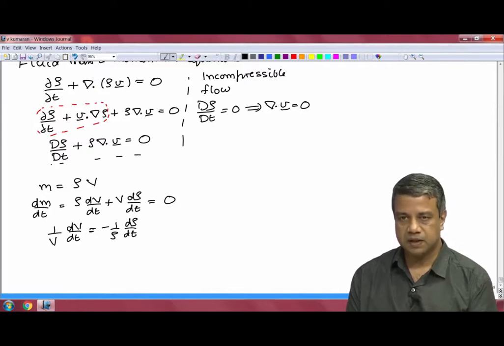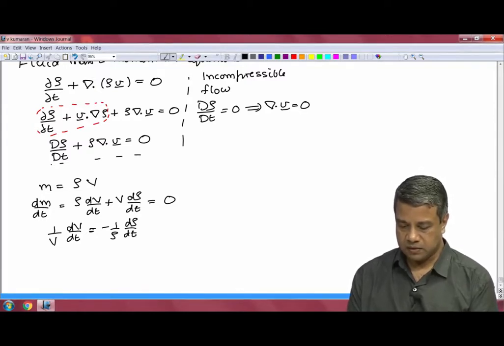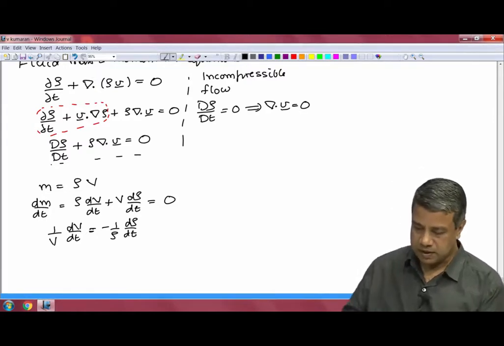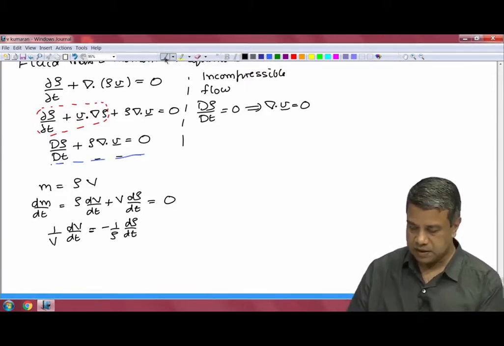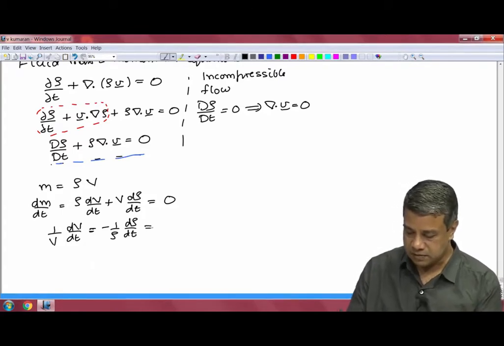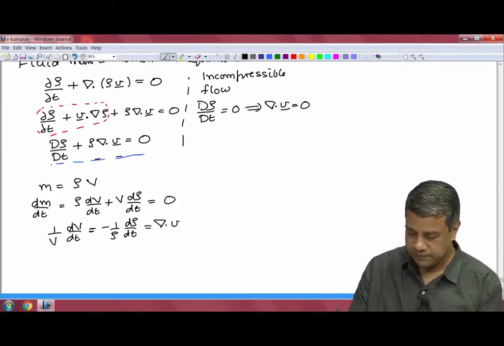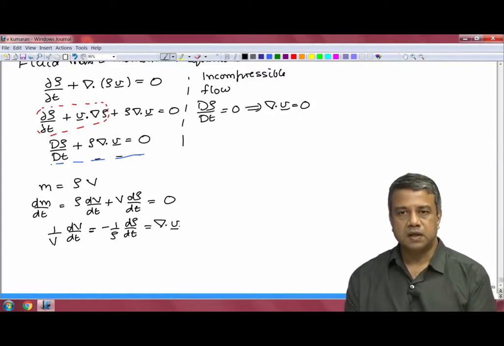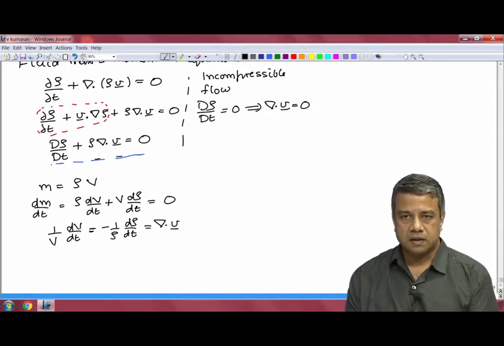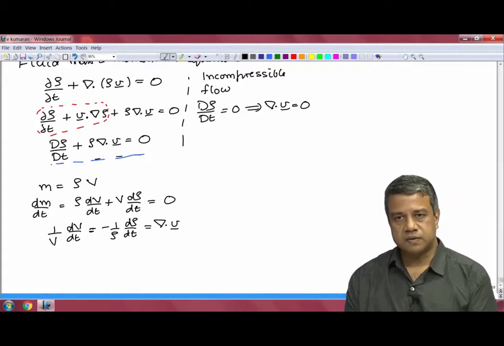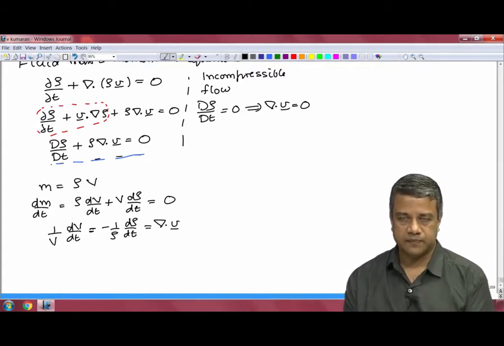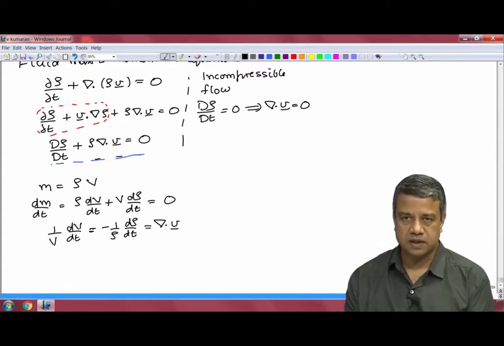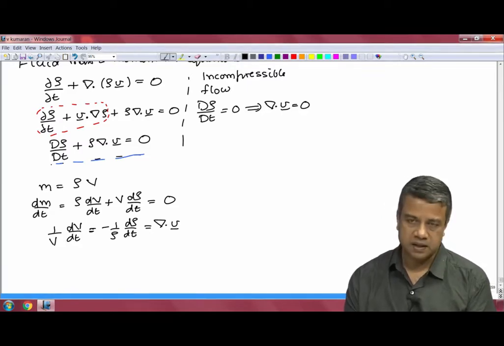And we know from this equation that minus 1 over rho d rho by dt is equal to the divergence of the velocity. So the divergence of the velocity gives you the rate of volumetric expansion or compression divided by the volume itself, of the fluid at that location.